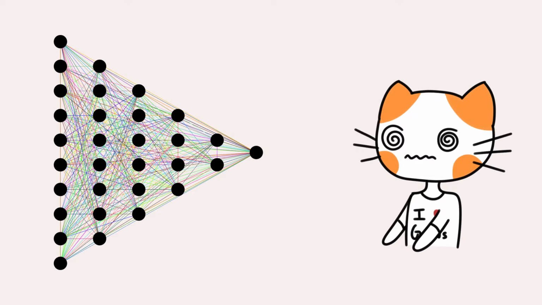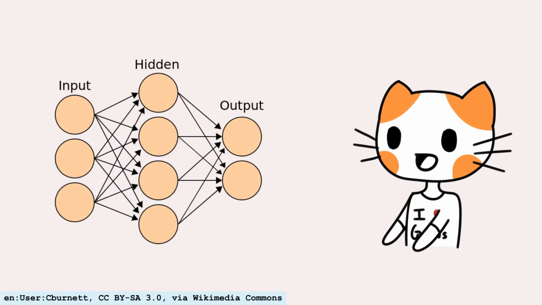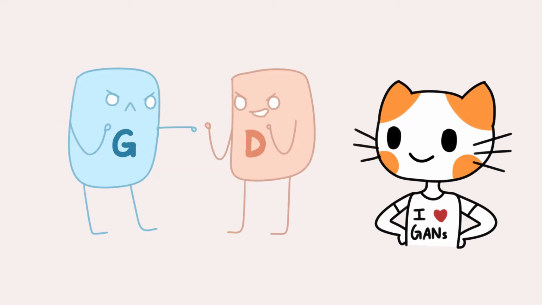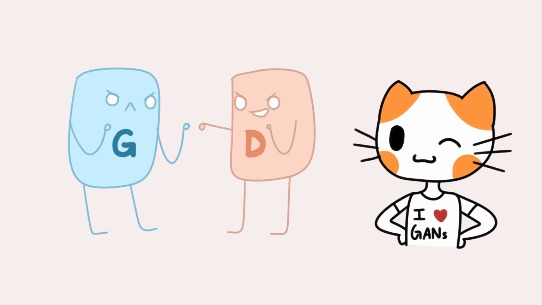Neural networks are complicated, but we can simplify things a little in order to understand how the two neural networks of GAN work to learn from each other. In a GAN, the two networks are playing 1v1 with each other, and both are playing to win.